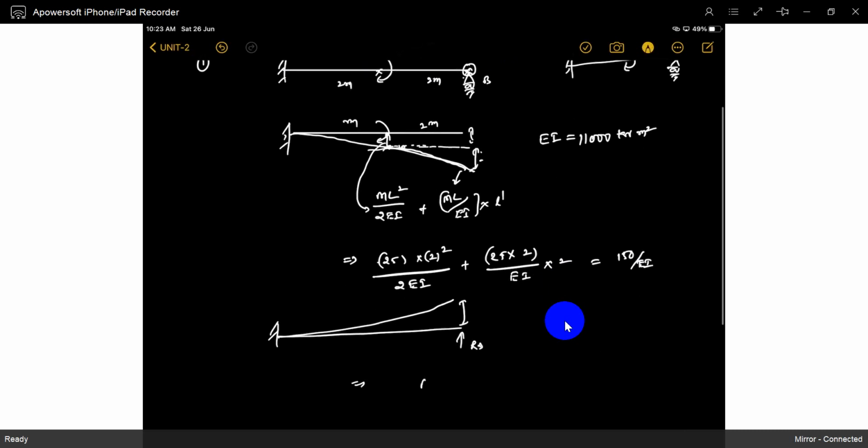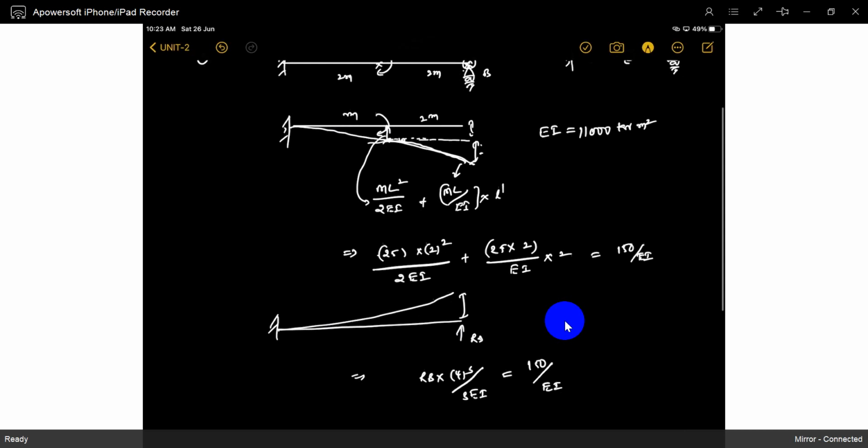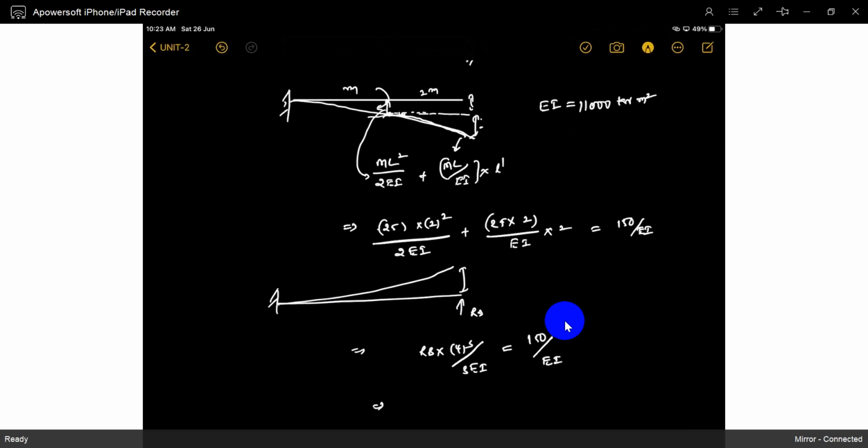It is RB L cube, where L is 4, cube by 3EI. This is equal to 150 by EI. So what is RB? RB is 7.03 kilonewtons.